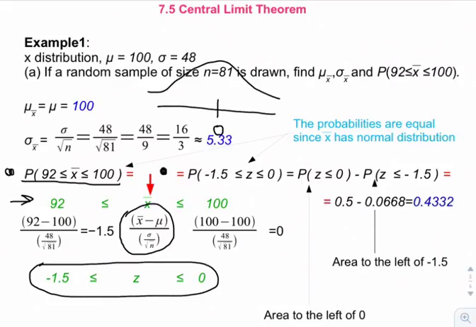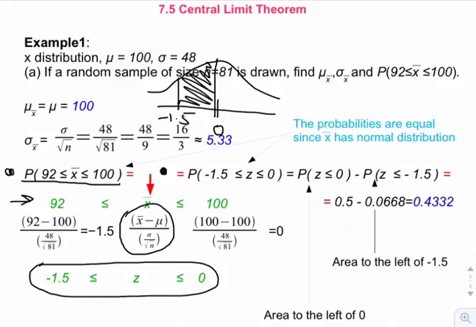Here's 0. Here's -1.5, for example, and we're looking for this probability here. So we're going to find the probability that Z is less than 0, or to the left of 0, and we're going to subtract the probability that it's left of -1.5, that area. So we look these up on our Z table.